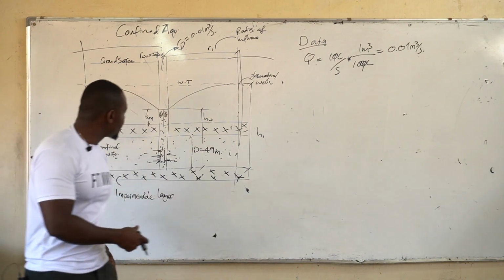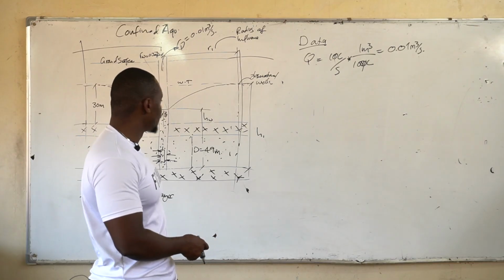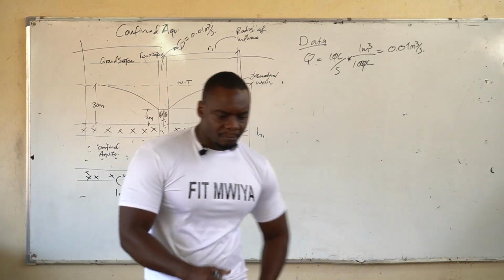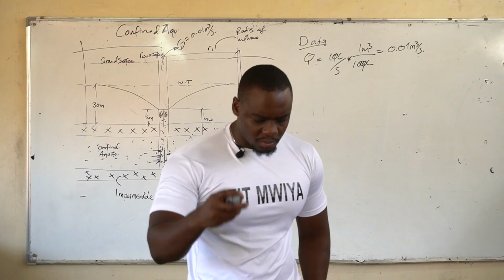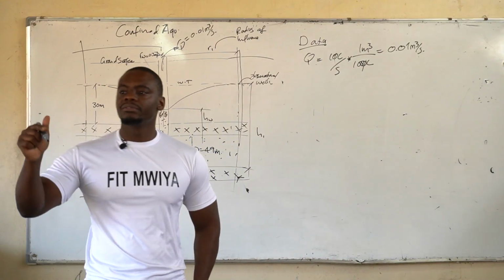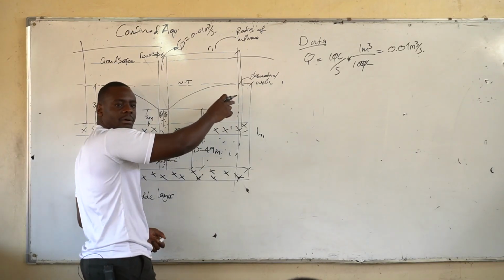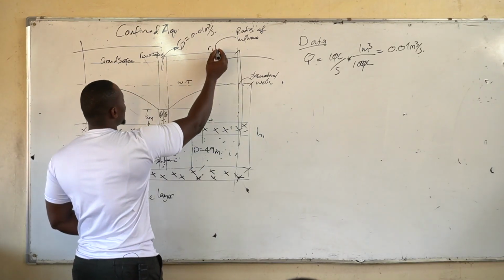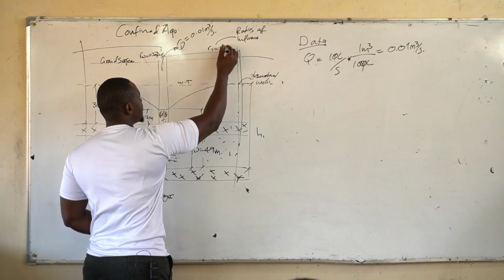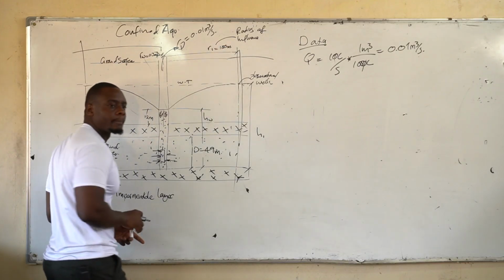So we have our information there, and then it's just a matter of, no, we're not yet done. They say the observation well is 180 meters away from the pumping well, not so. Meaning, and I mentioned something about the observation well, meaning your R1 is 180 meters.